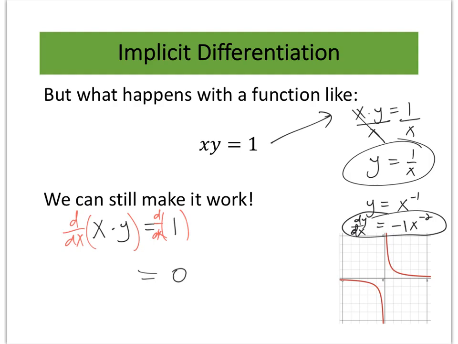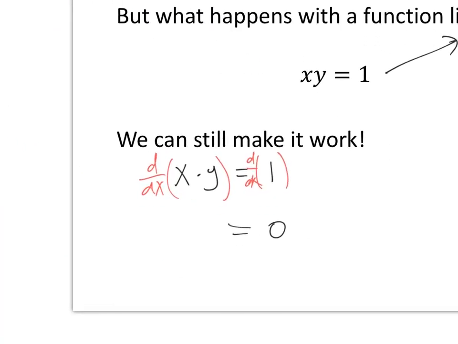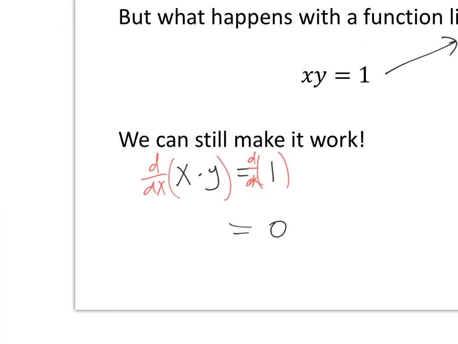The first being the x part, so the first times the derivative of the second, d over dx of y, plus the second, or y, times the derivative of the first, d over dx of x.